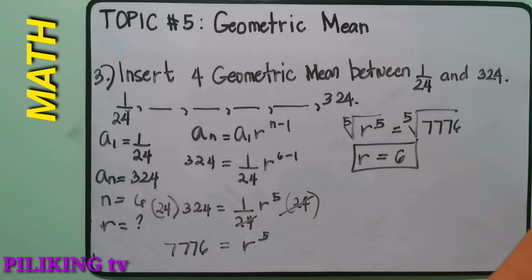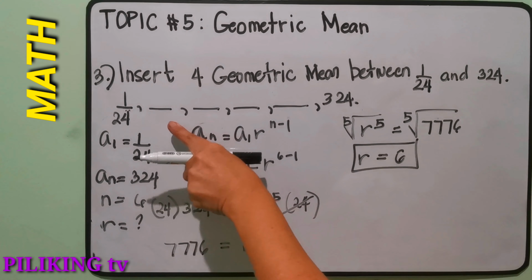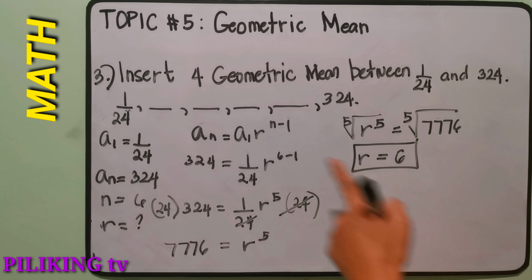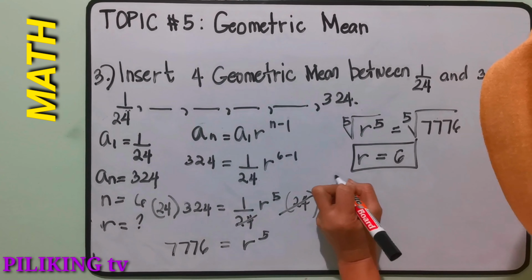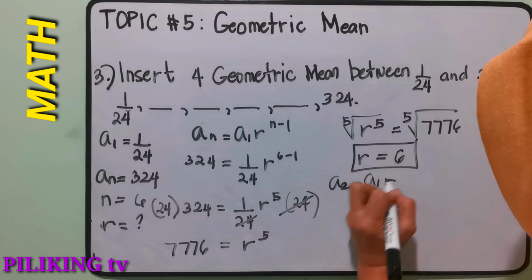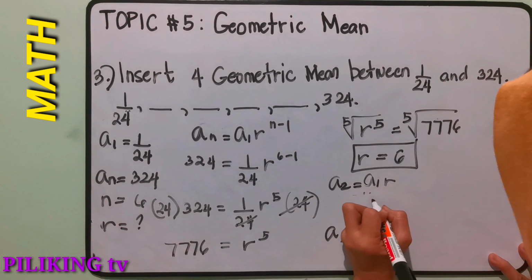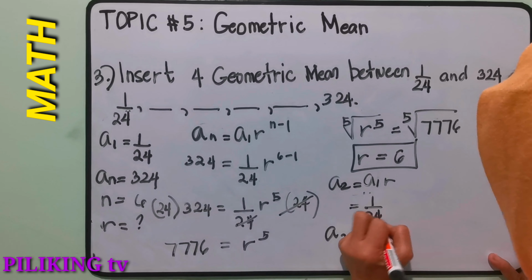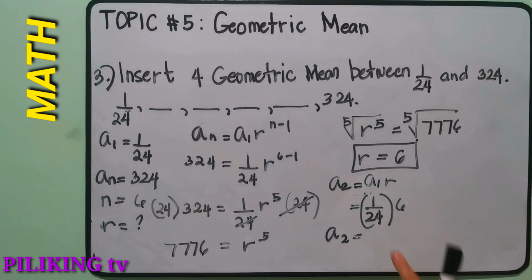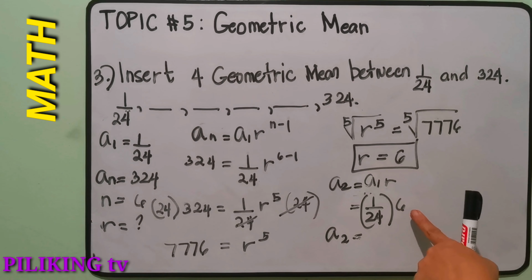Okay, since you know already the common ratio, we can now get the second, third, fourth, and the fifth term. Okay, so let us get the second term first. So a sub 2 is equal to a sub 1 times r. The first term is 1 over 24. Then you multiply to the common ratio, which is 6. Okay? So let us simplify. So you multiply 6 to 1.